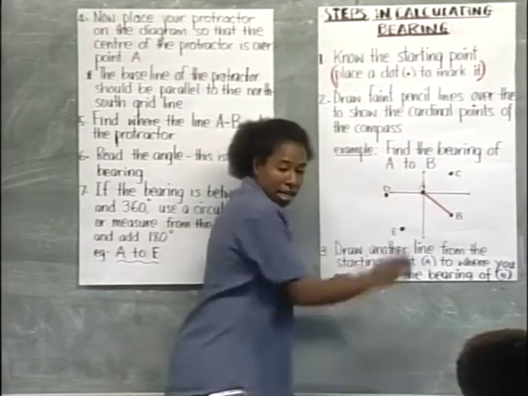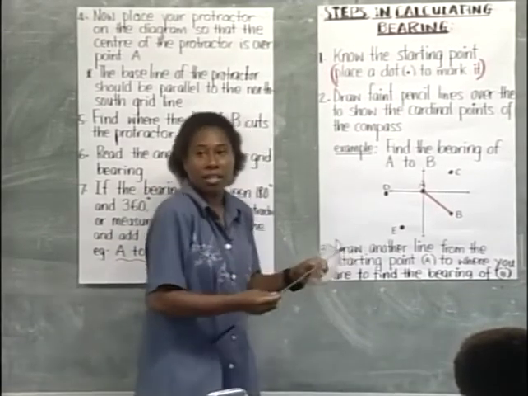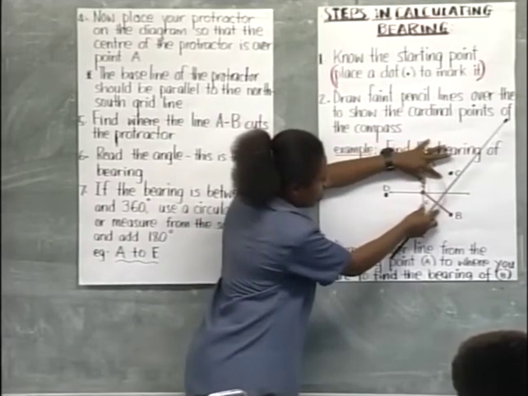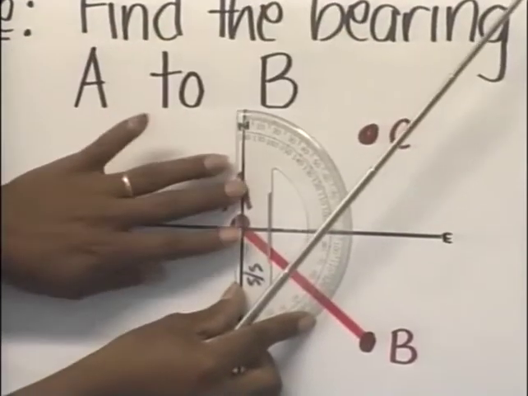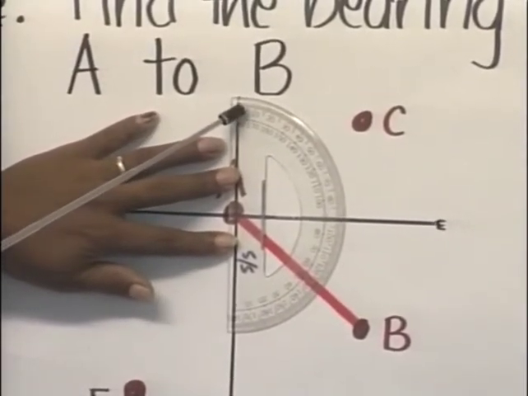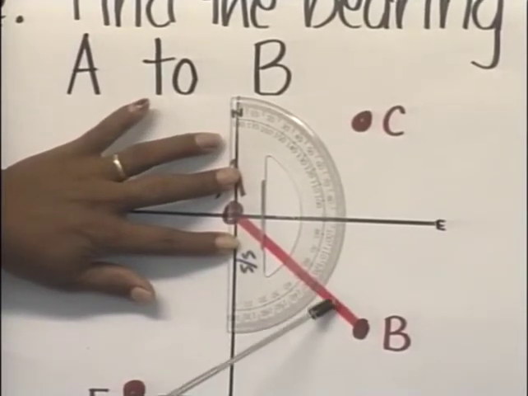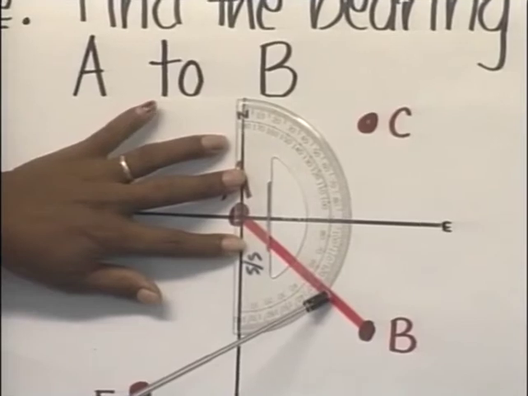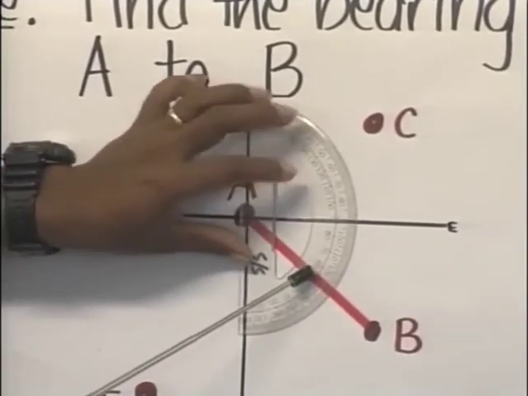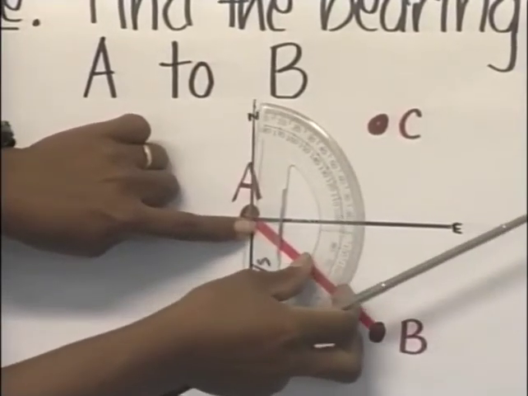I did this in the beginning so that it will help me calculate the bearings correctly. I make sure that the baseline is in line with that imaginary grid line which I have constructed over the starting point. And then I should be able to see where that particular line meets the protractor. So now that I've done this, this is step number 4.